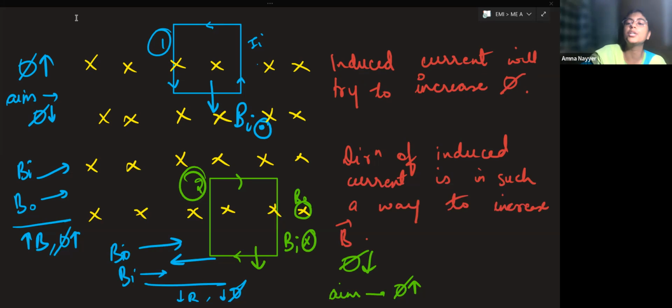Now just the opposite: if your magnetic field is pointing outwards, keep your thumb outwards. See the curling of your fingers. This is pointing in the clockwise direction, so this will give you clockwise. If the magnetic field lines are pointing inwards, I'll keep the thumb inwards, and the curling fingers give me anti-clockwise. Like this you have to decide. Got it?